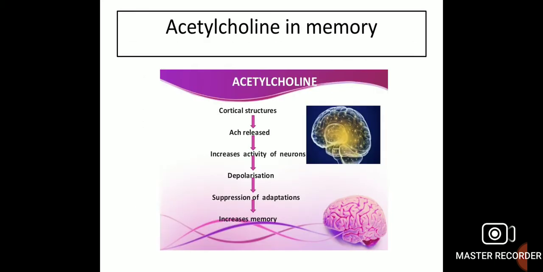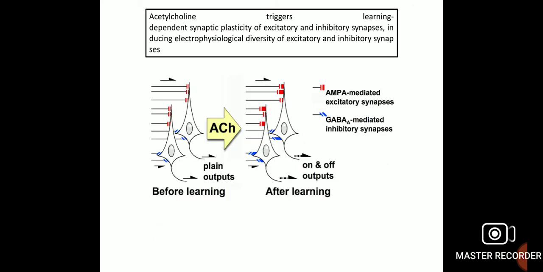So how is acetylcholine involved in memory? It also takes part in long term potentiation. If acetylcholine is released, it ultimately causes depolarization and it increases memory. Acetylcholine triggers learning dependent synaptic plasticity of excitatory and inhibitory synapses, inducing electrophysiological diversity of excitatory and inhibitory synapses.